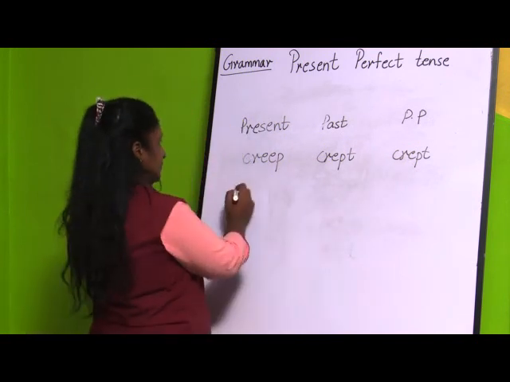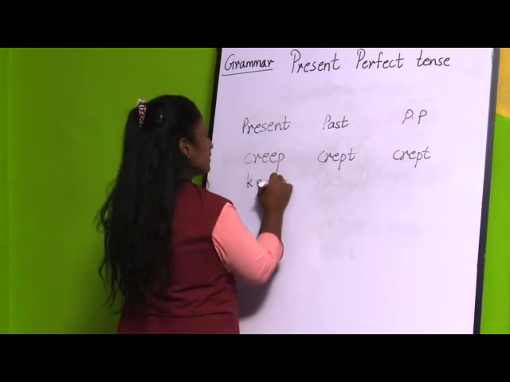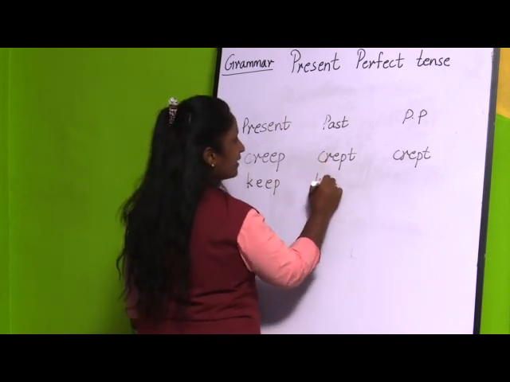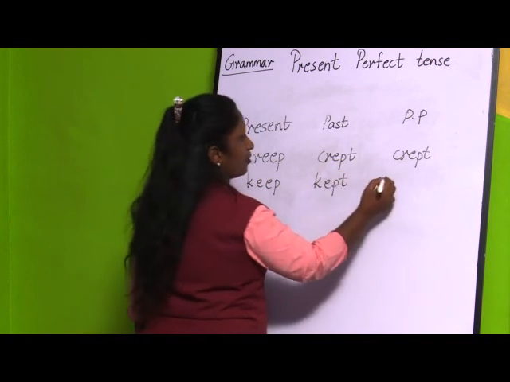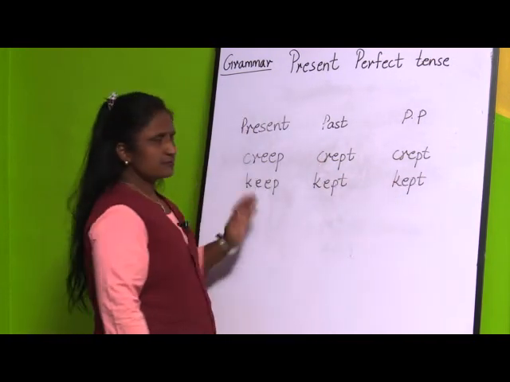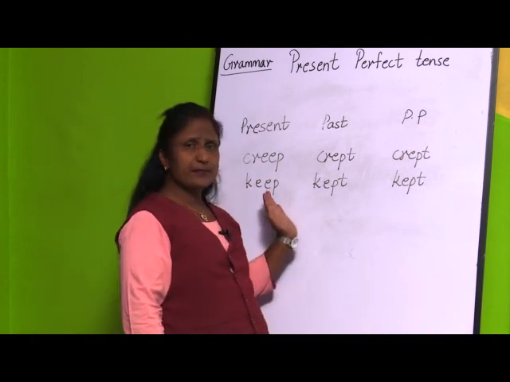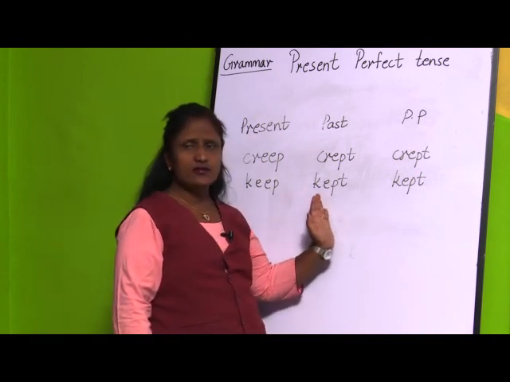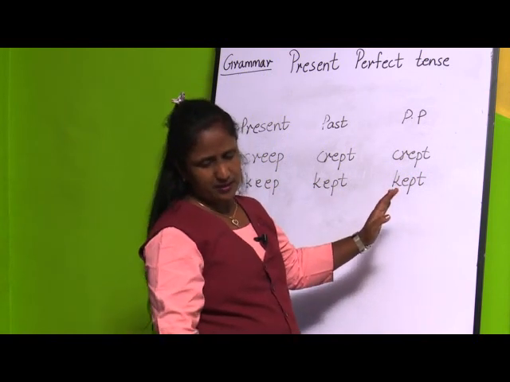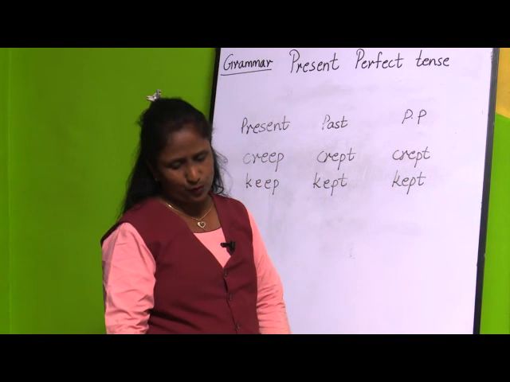Then if you see keep, we don't say keeped or any other word, we write kept here, and in the past participle also the same. So, they don't change in present tense; they change the form only in past tense and for the past participle. So, this was the second rule.